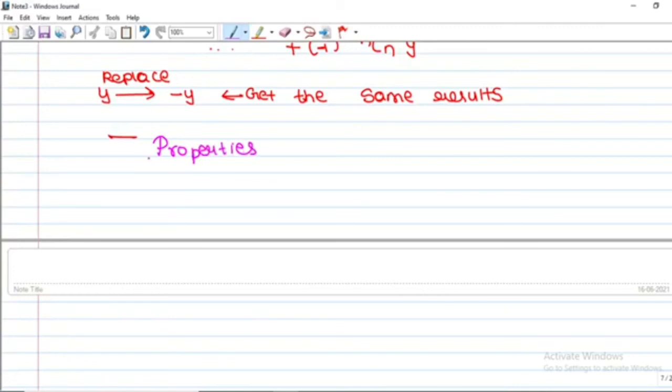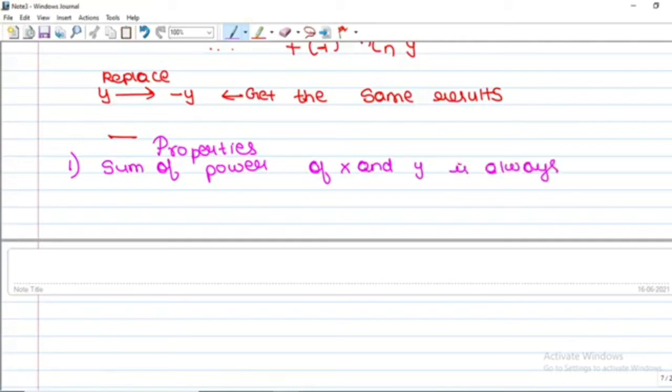The first property which you are going to see here is that the sum of the powers of x and y is always n. That is, you can write it as a constant.